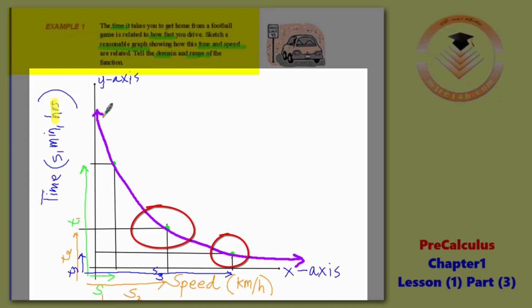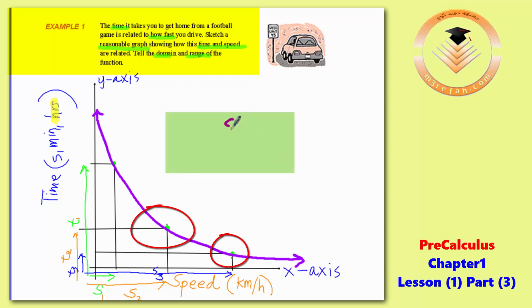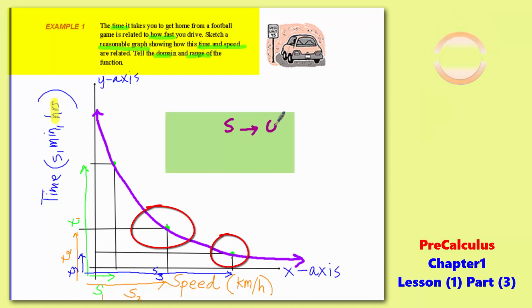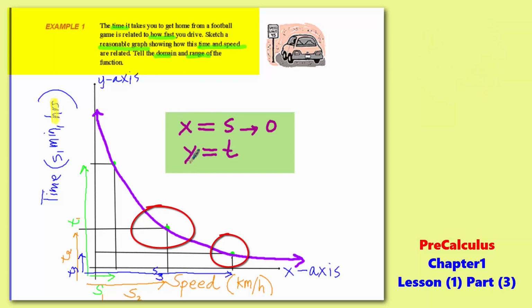Okay, in this example, notice the movement or the direction of the arrows going to the x-axis and to the y-axis. As you notice, your S or your speed approaches 0, and your time approaches 0. S, which is also equal to your x, and your time, which is equal to y.